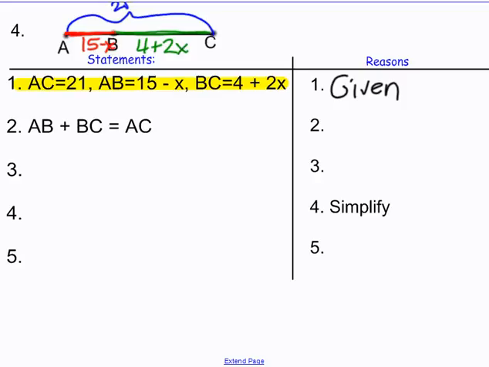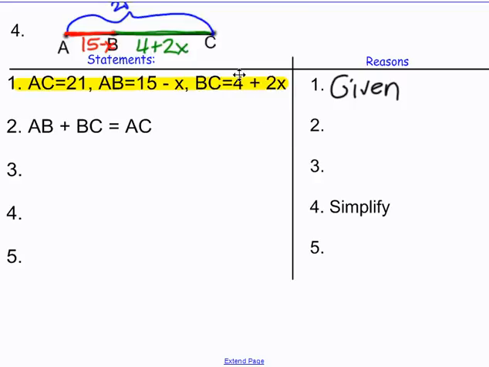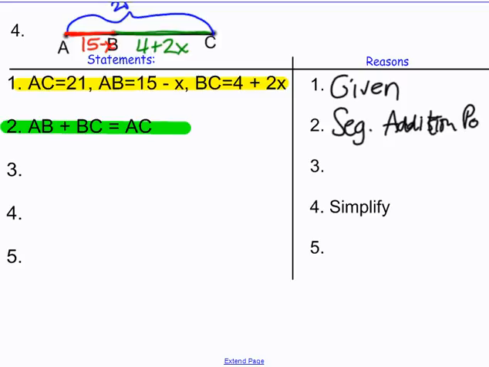Well, then I've got this stuff right here. That looks like the segment addition postulate.